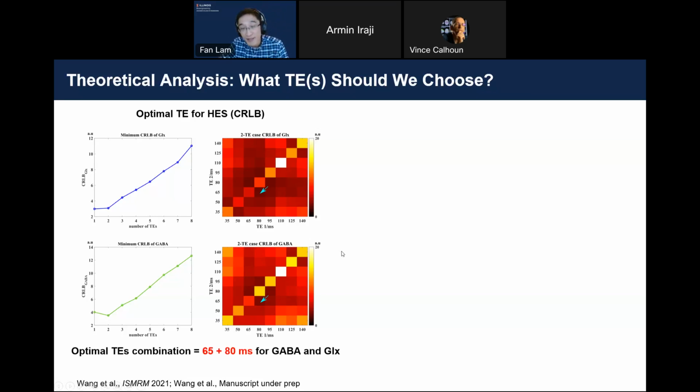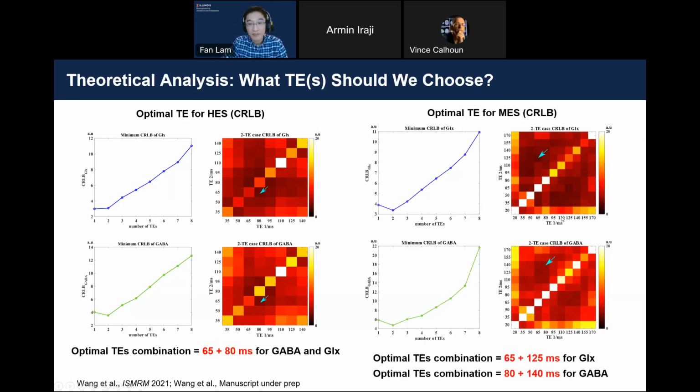If you do an equivalent-time comparison, for example, acquiring many TEs with fewer averages, or fewer TEs with more averages and an optimized selection of TEs, you will notice that if you want to separate glutamate and GABA in the equivalent setting, you should go for optimal TE choices, not uniform TE choices. Based on the subspace framework and the physics model we have, you can tailor this optimization for different kinds of acquisition and different components, making it a very task-driven optimization.